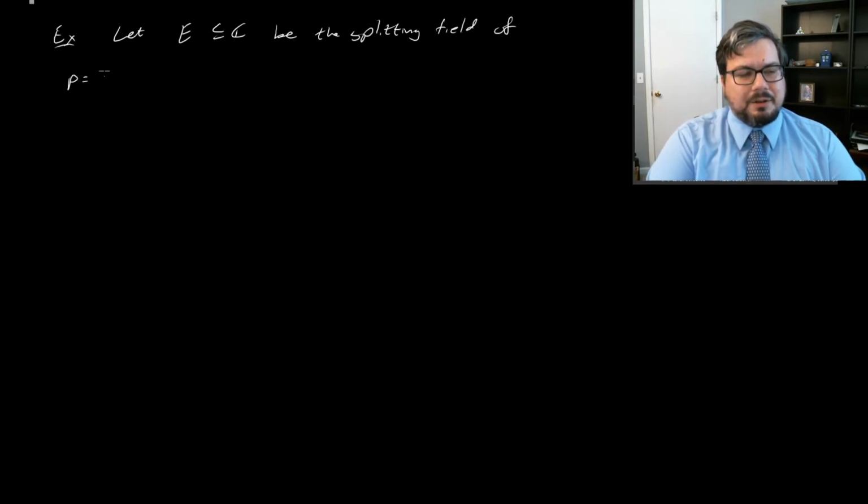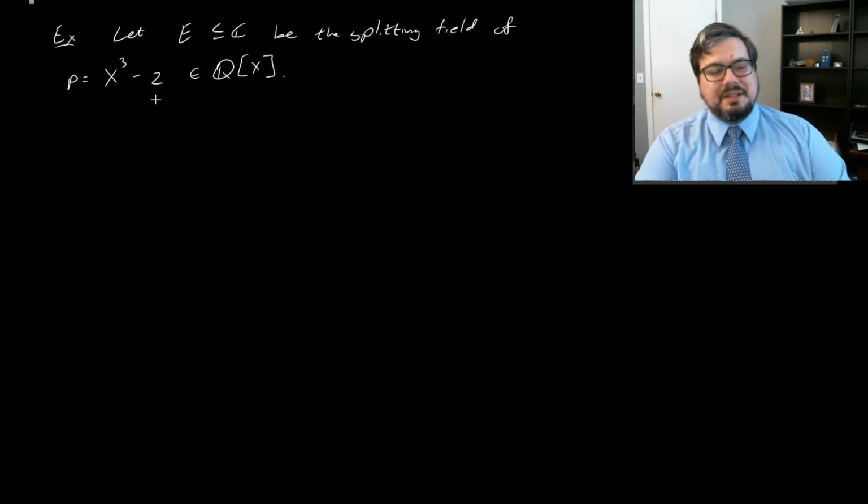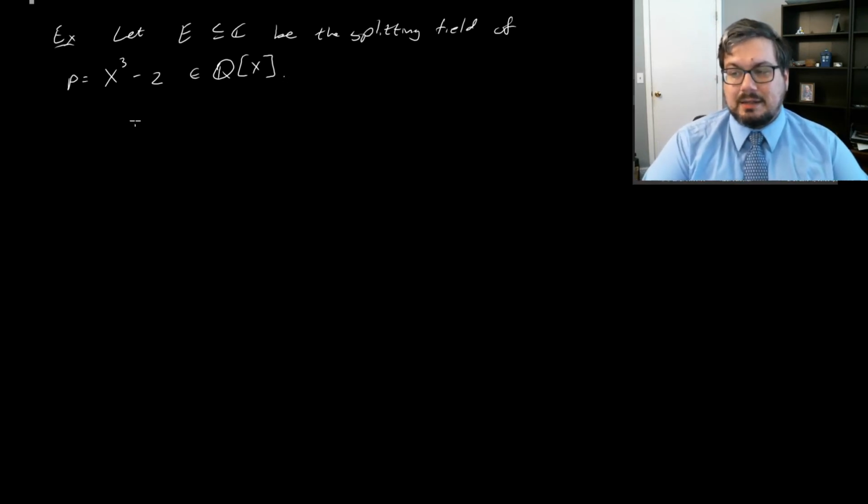So let E be a subfield of C, the splitting field of the polynomial p, which is x cubed minus 2, a polynomial over the rationals. So it's the smallest field in which this polynomial splits completely.